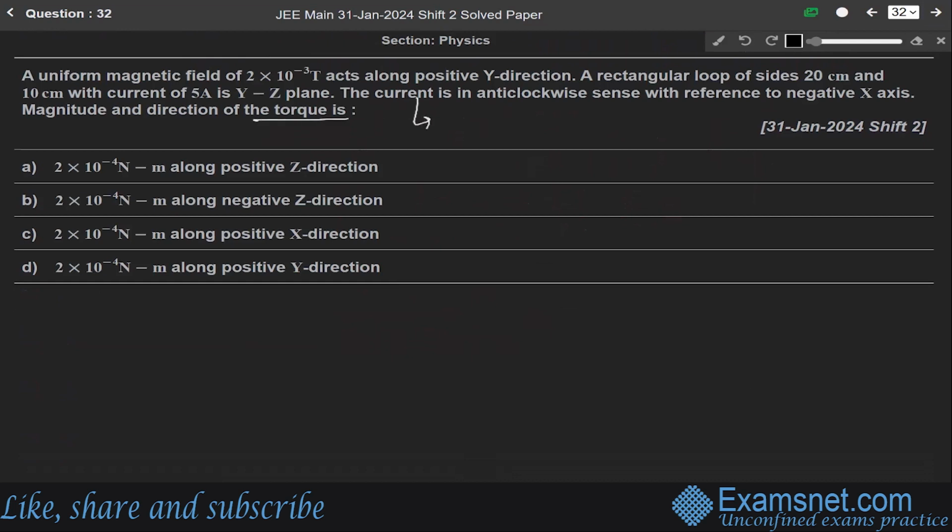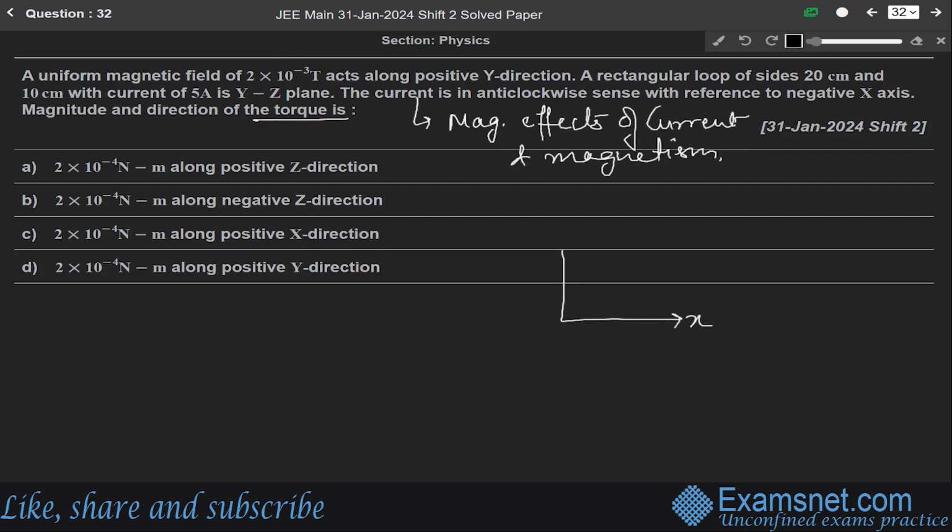This question is from the chapter of magnetic effects of current and magnetism. So according to this question, let us say this is the x, y, and z direction.